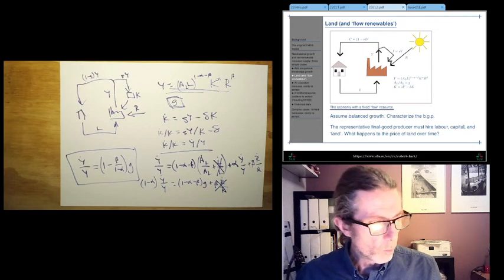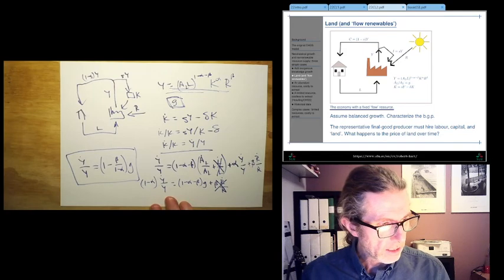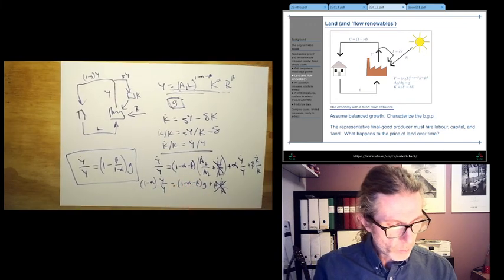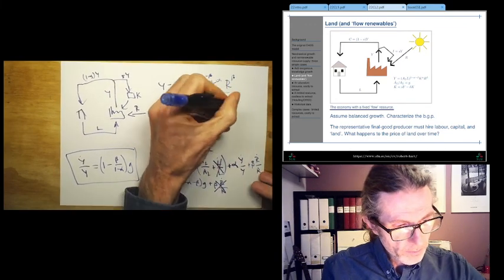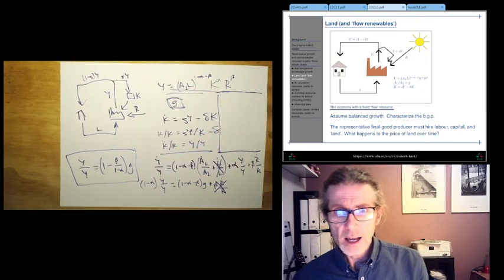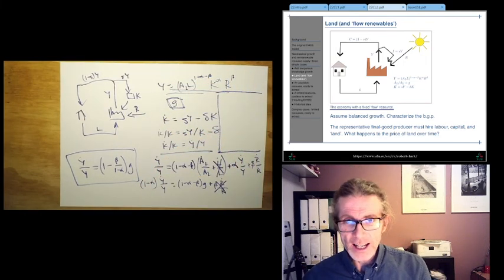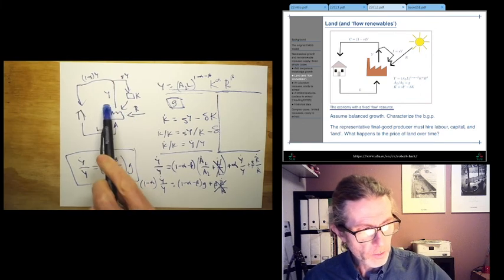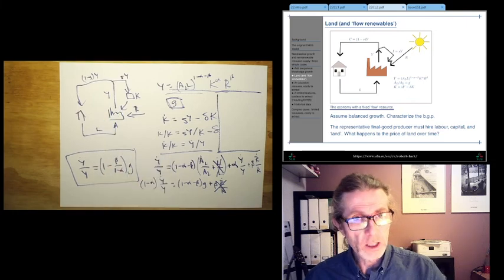Okay, what about the price of land? So, can I squeeze that on here? I think I can. Price of land. How do we work out the price of land? We need to set up the profit maximization problem of one of these producers, right?